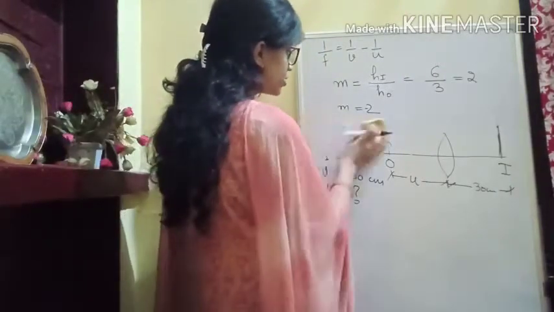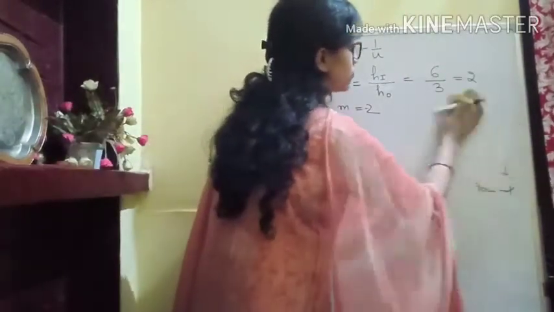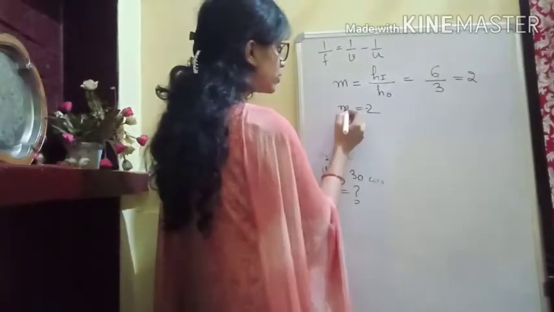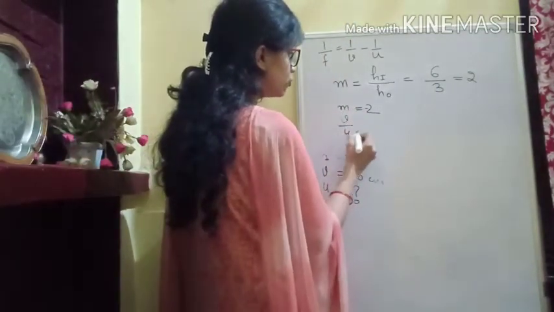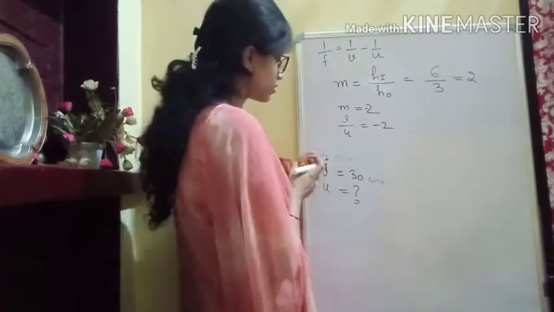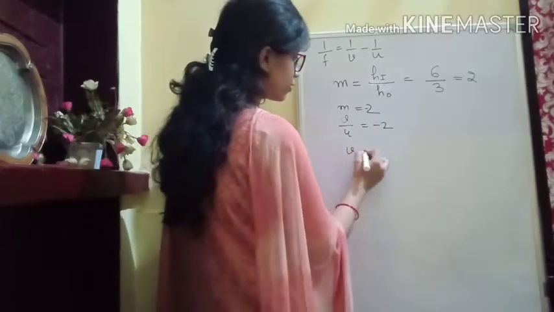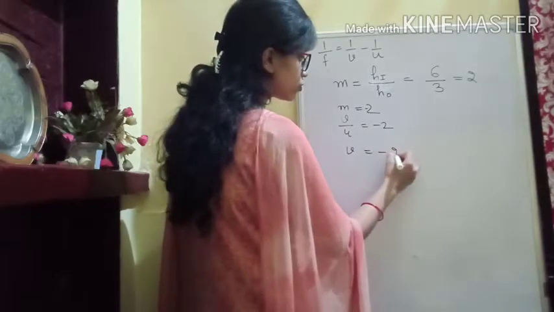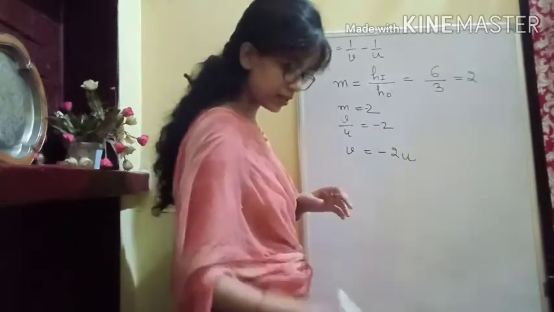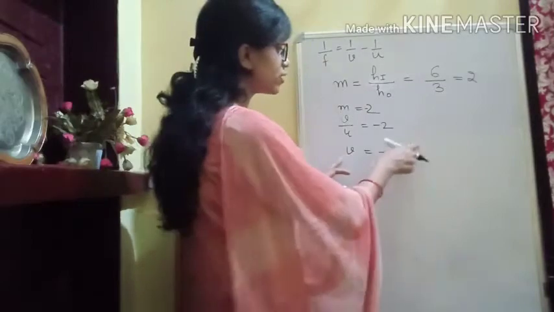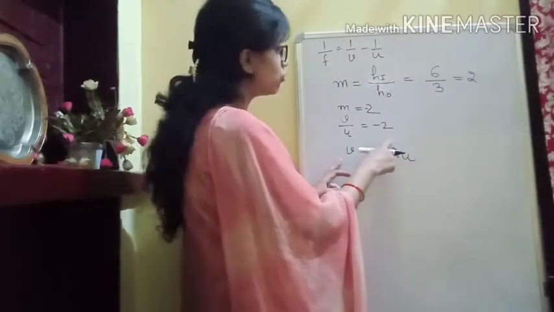So to calculate the relation, we also know that m is v upon u equals minus 2, isn't it? Now v equals minus 2u, correct? Now the value of v in terms of u is coming minus 2u.